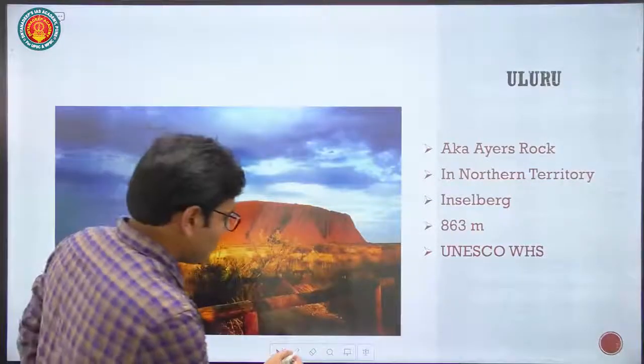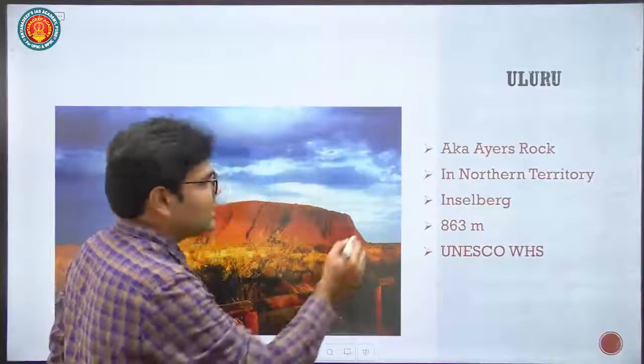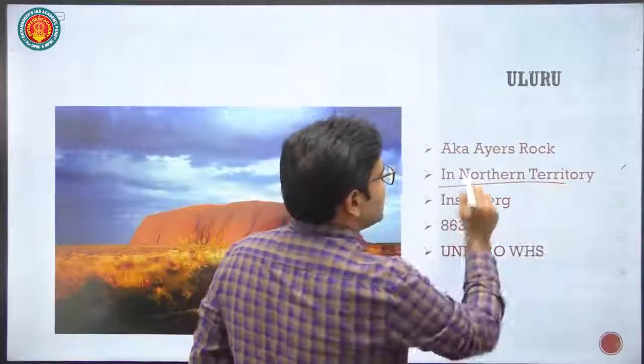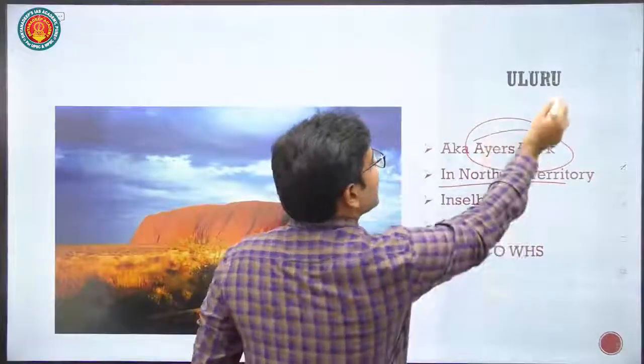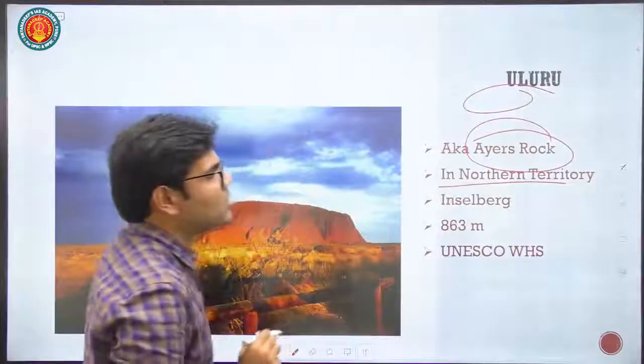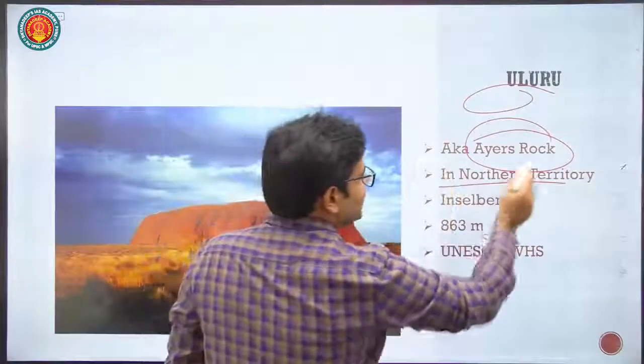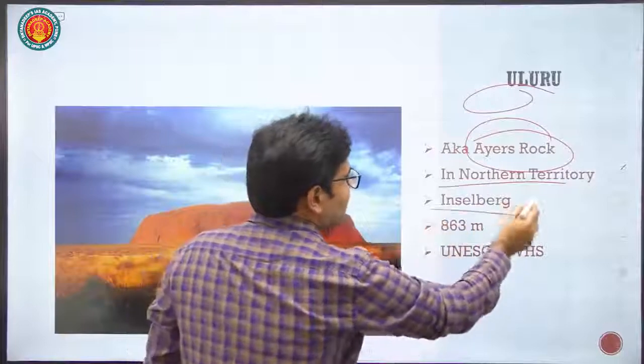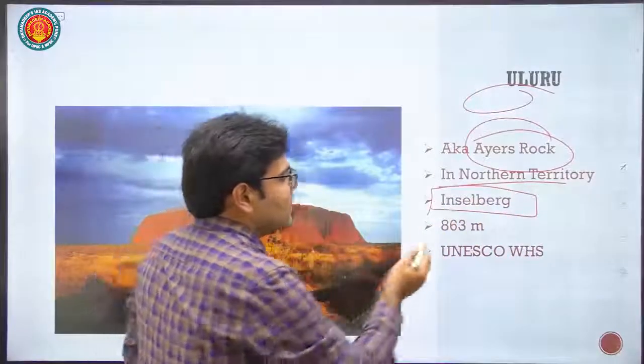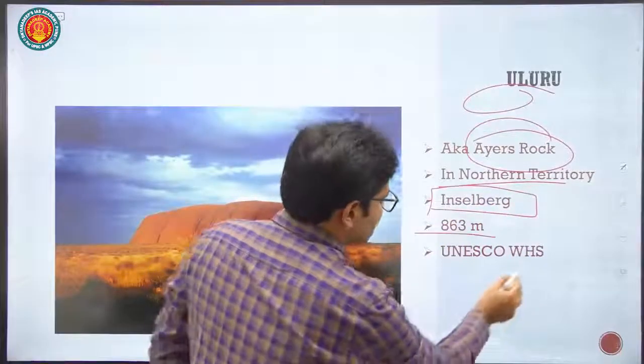Uluru Mountains are present in the Northern Territory of Australia. It's also called Ayers Rock. In local languages the name is Uluru, but officially it's recorded as Ayers Rock, and it is an example of an Inselberg. Its height is 863 meters, and it's also a UNESCO World Heritage Site.